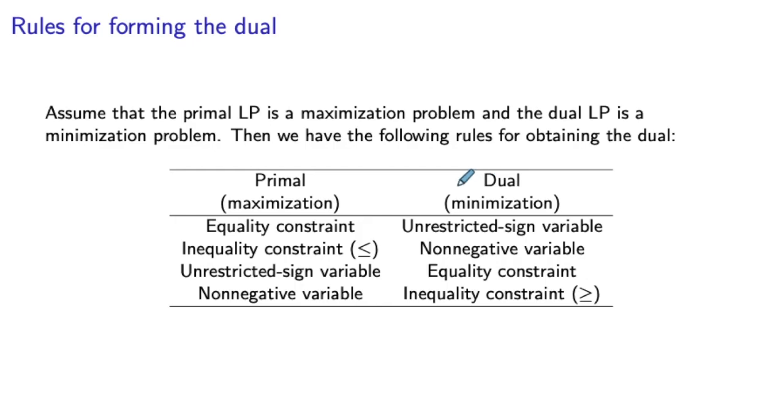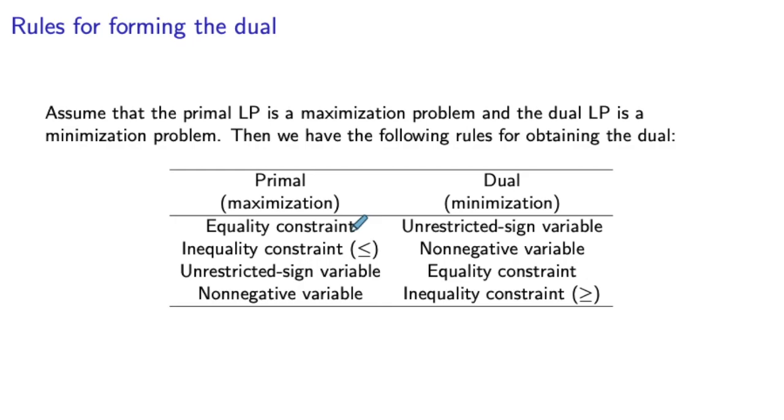Then the dual is going to be the minimization problem. When we have the equality constraint, we will have the unrestricted in sign variable corresponding to this constraint in the dual problem. If we have the less than or equal to constraint in the maximization problem, then this will correspond to a non-negative variable in the minimization problem.